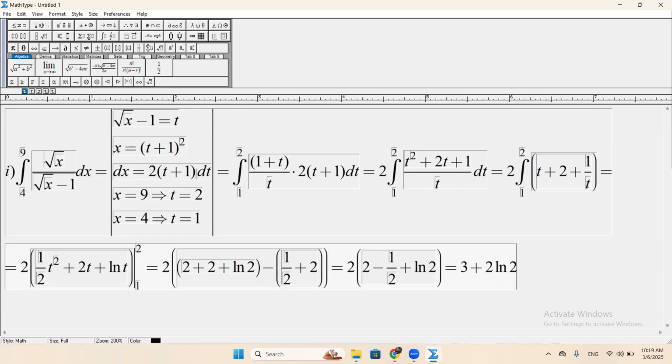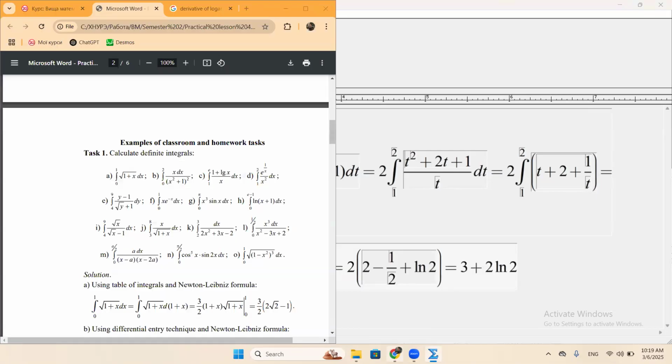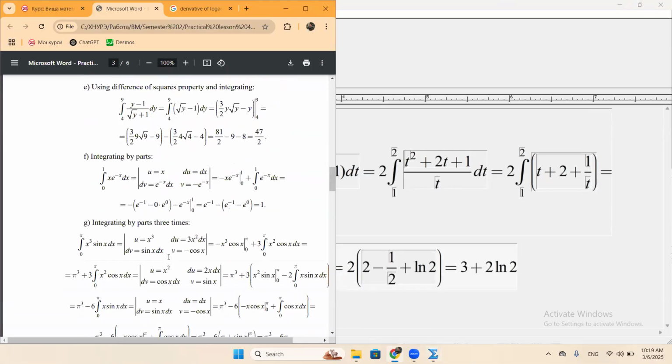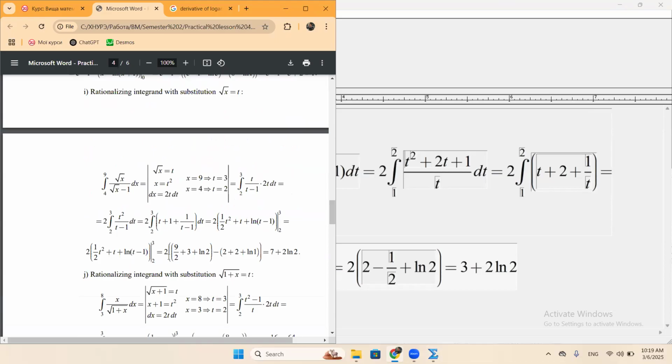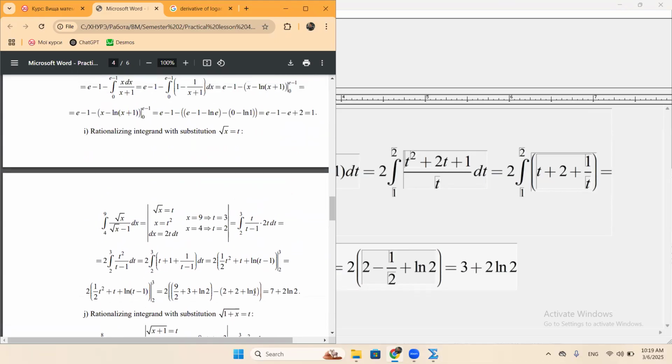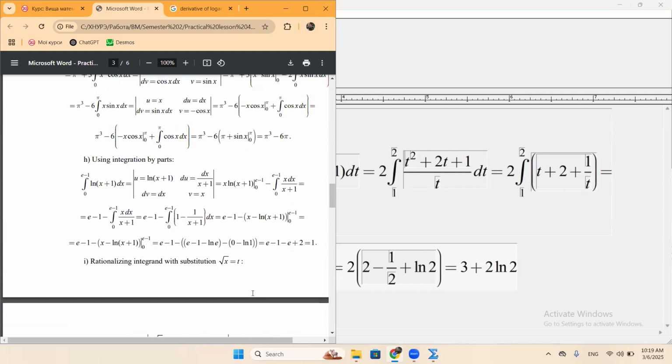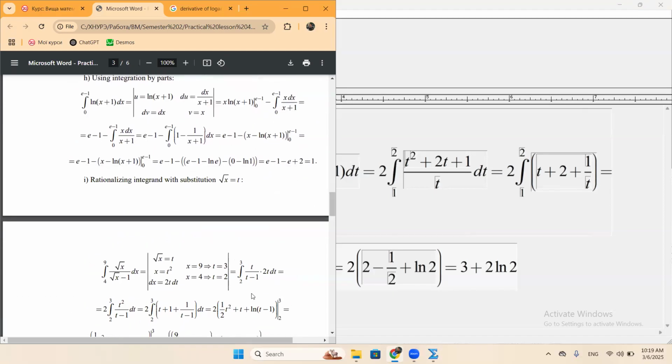Any questions about this exercise? Okay, we'll have to recalculate it. Here is another substitution, but it has to lead to the same result.